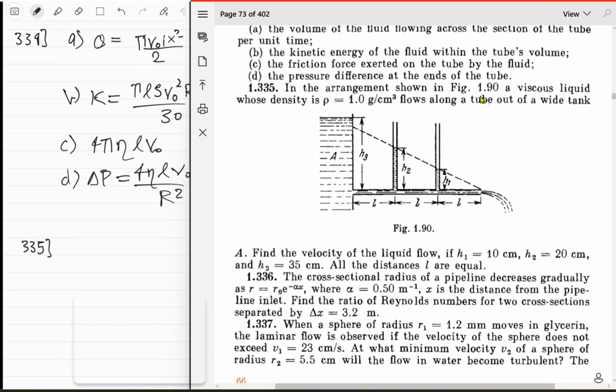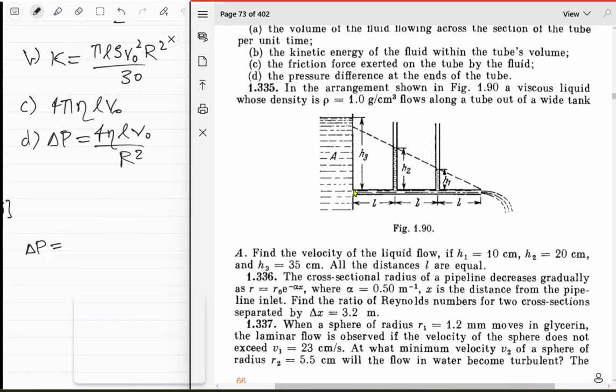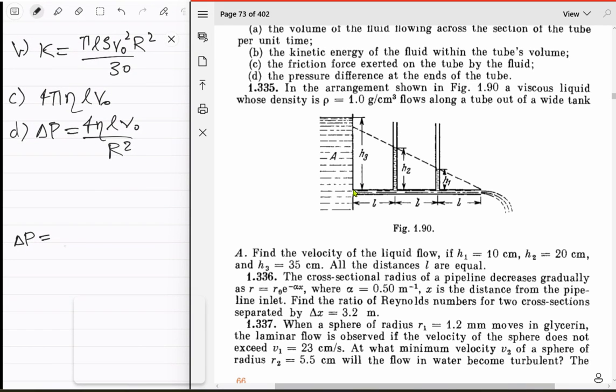Wait, it's flowing out of what? A viscous fluid whose density is something. It flows along the tube out of a wide tank, so it's a viscous fluid, right? That's the main thing. So the resistance is the same everywhere, which means the Q value is the same, right? So delta P is equal to the resistance, which is proportional to L. So some constant times L, and that constant depends on the fluid and the geometry of the cross section.